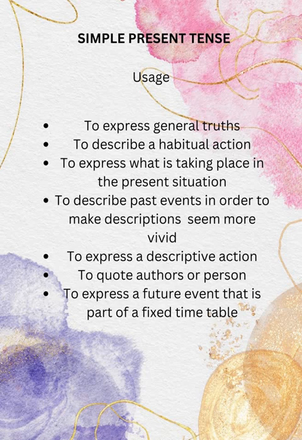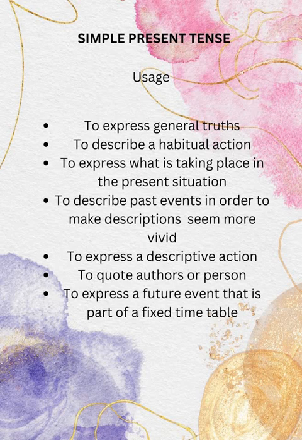Simple present tense is further used to express a descriptive action. When we have to narrate an incident or an anecdote, we use simple present tense. Next, we use simple present tense to quote authors or persons. Whenever we have to quote any particular author or any eminent personality, we use simple present tense.